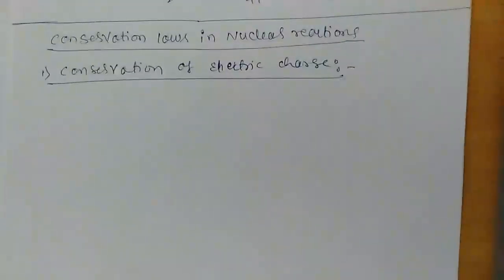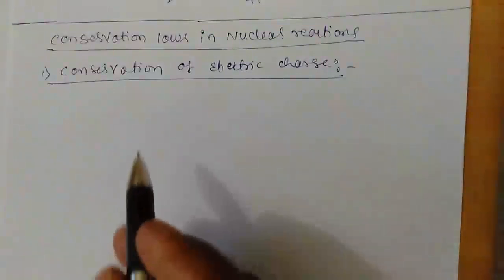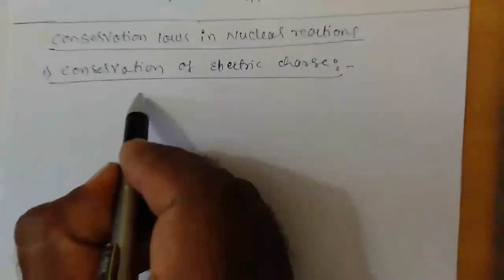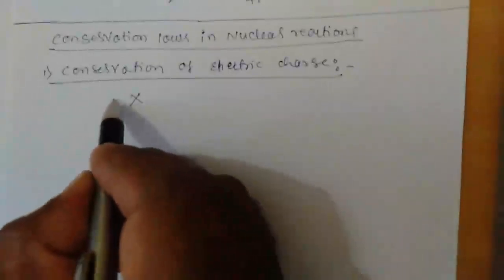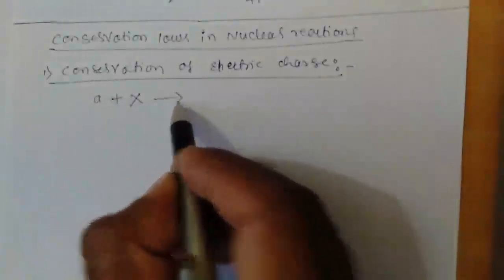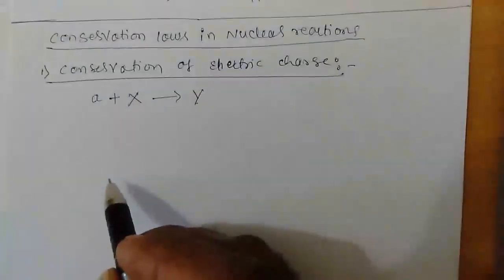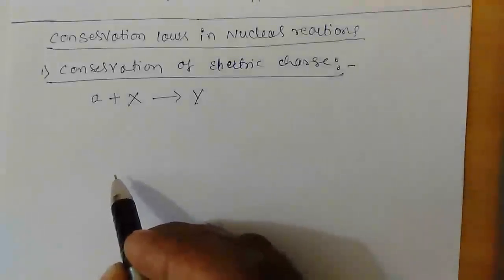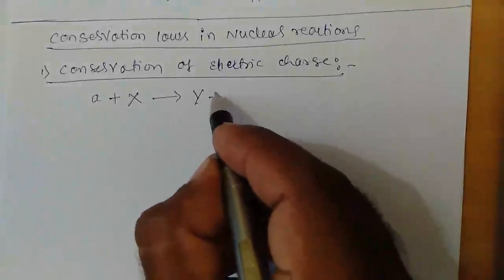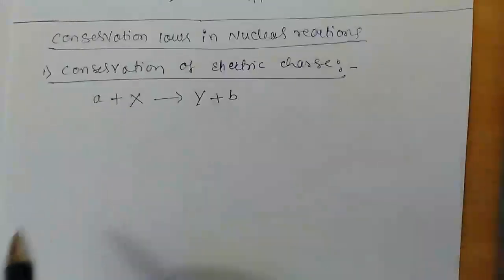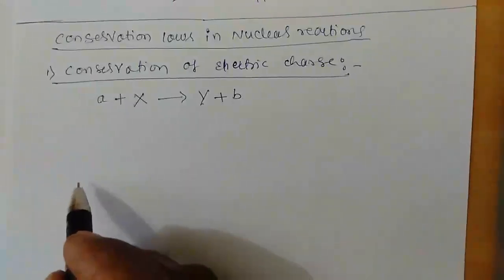In any nuclear reaction, let us consider a reaction where X is the target nucleus, and it is bombarded with a projectile A. A daughter nucleus, or residual nucleus, Y is formed, with the ejectile as B. So this is our nuclear reaction.